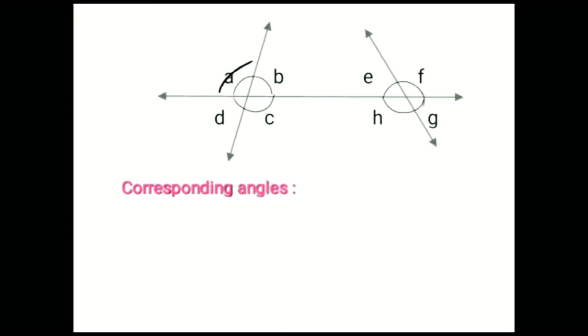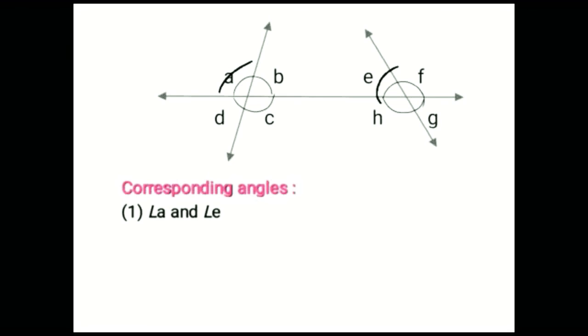Angle A and angle E, same side. Angle A is on the first line, angle E is on the second line, but it follows the same direction on the same side. So the first one is angle A and angle E.